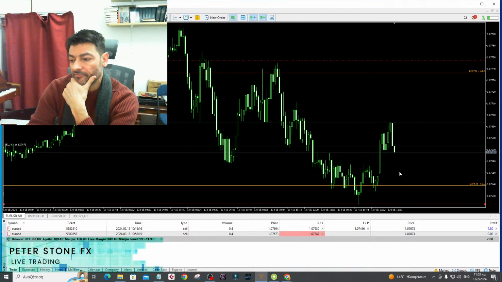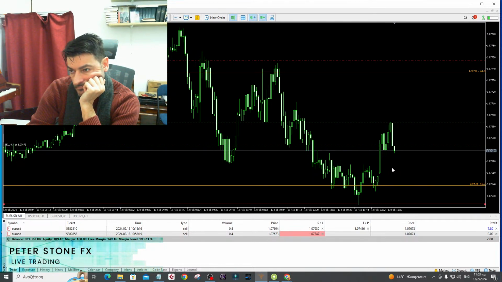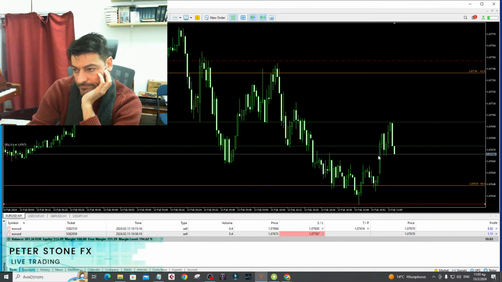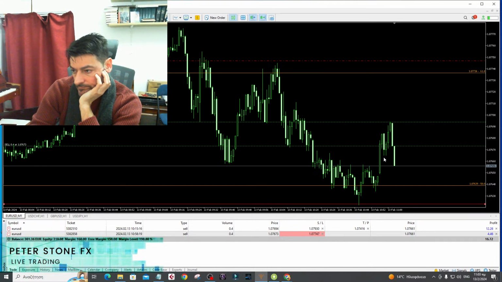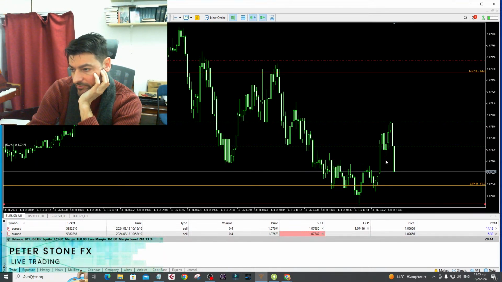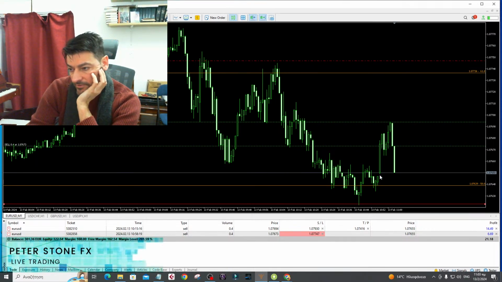Let's see how this fair value gap will act. As I said, these equal lows will be taken, and this liquidity void will be filled.